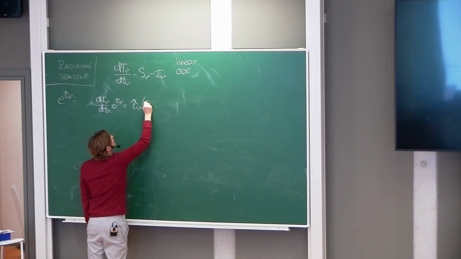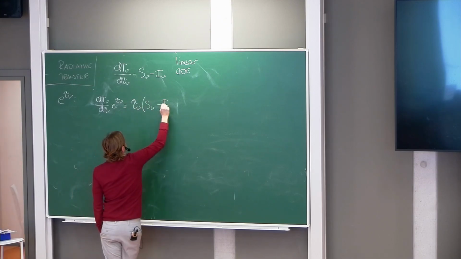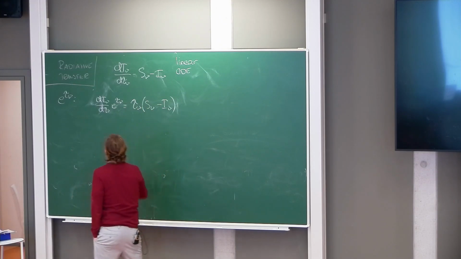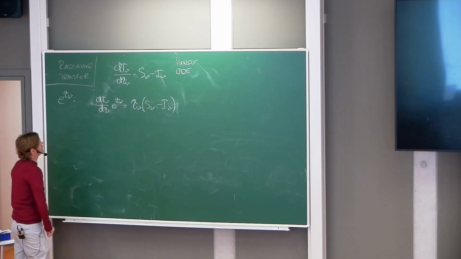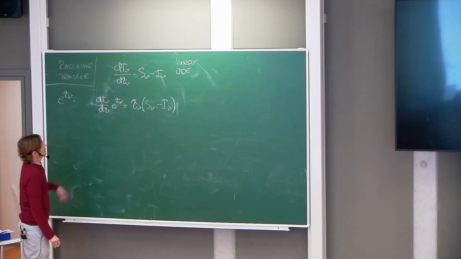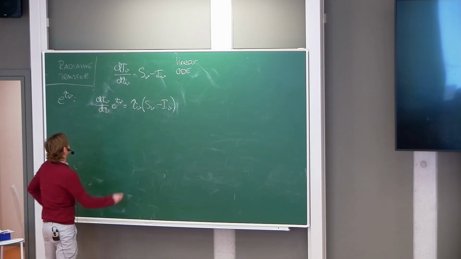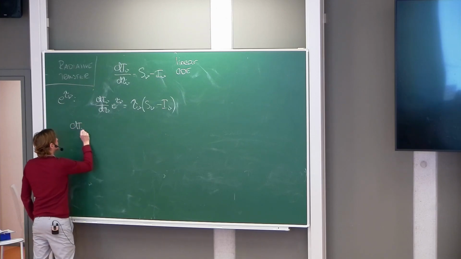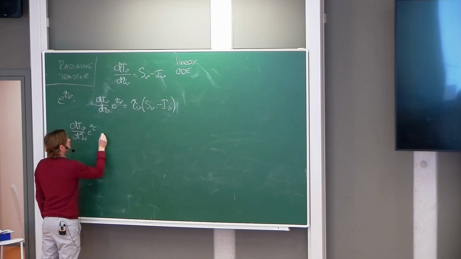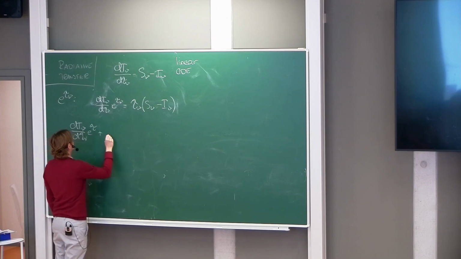Tau nu, S nu minus I nu. If we pull over this to this side, we get this term, right? The tau nu e to the tau nu plus I nu.